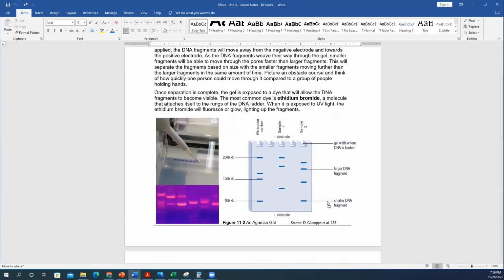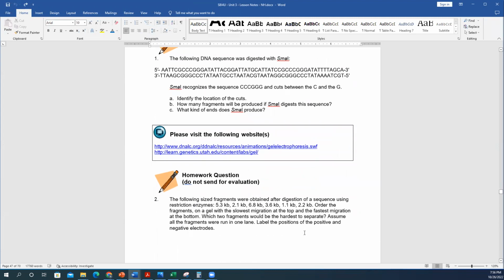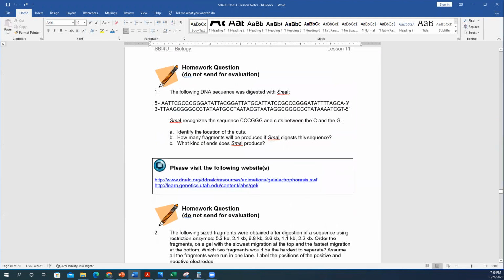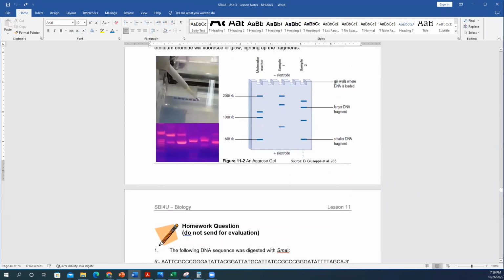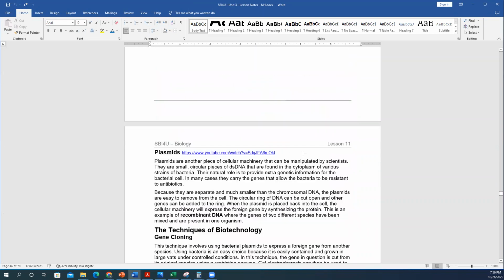The smaller DNA fragments move faster than the larger ones as they move towards the positive electrode, because DNA has an overall negative charge, right? There is a YouTube video again to refresh your mind on gel electrophoresis.